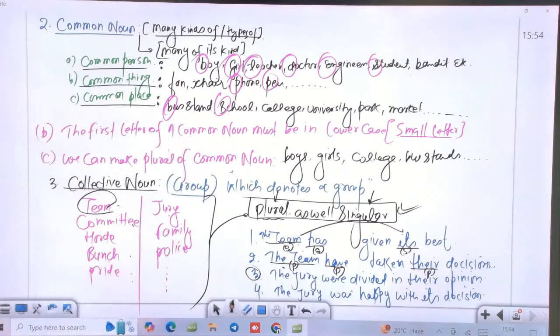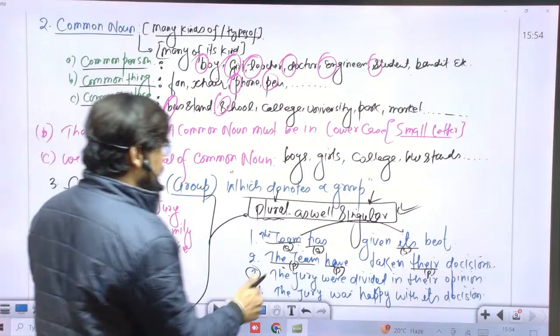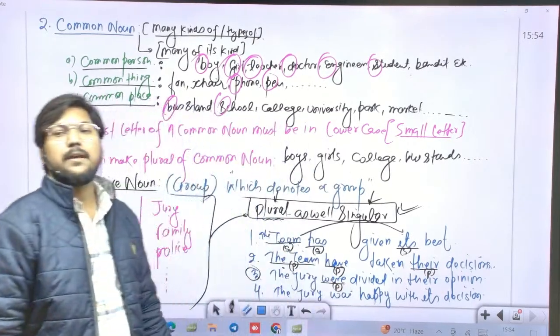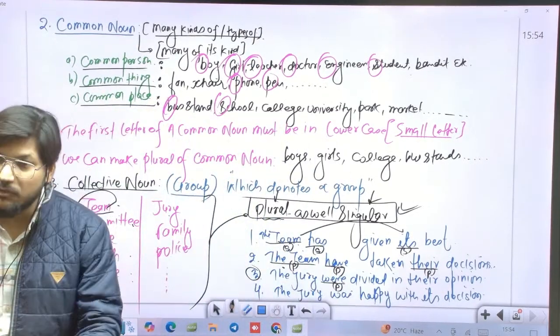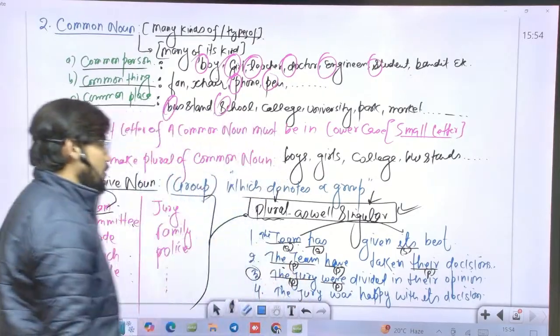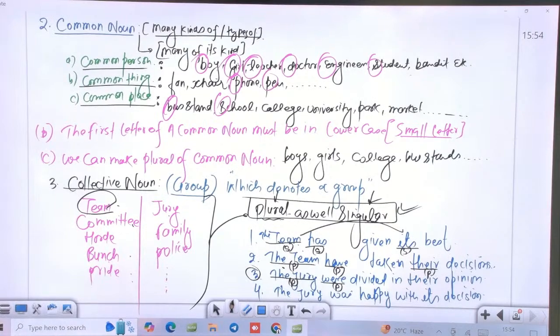The jury were divided in their opinion. This is a singular or plural noun? Plural noun, because we have used were. Were is your plural verb. So when we use a plural verb, this becomes your plural noun. So here we can see the jury were divided in their opinion.